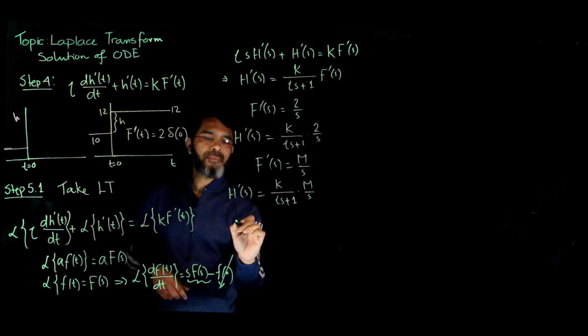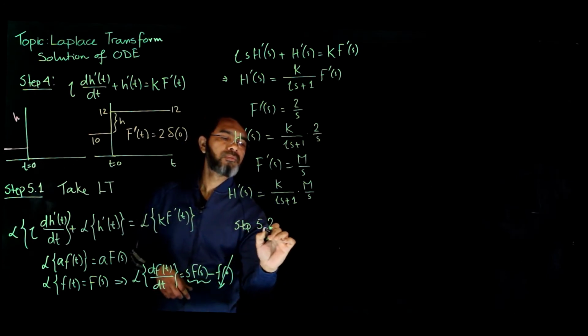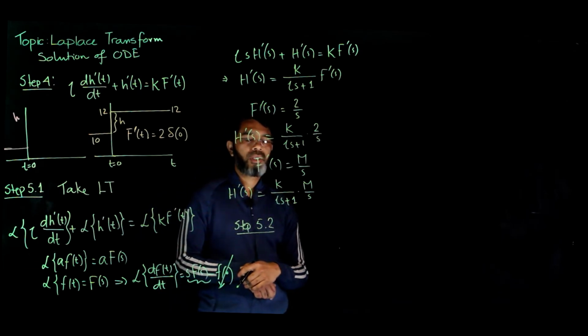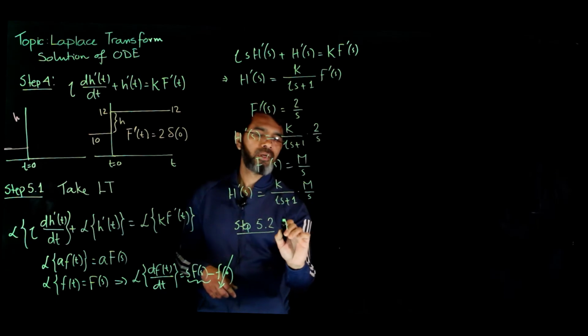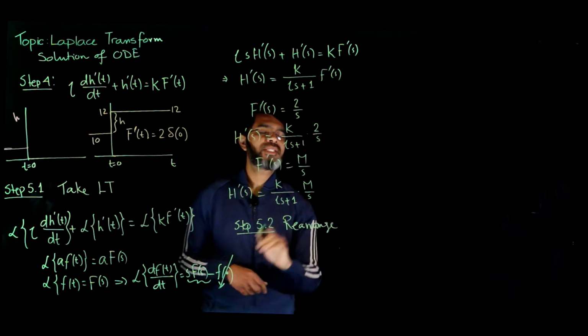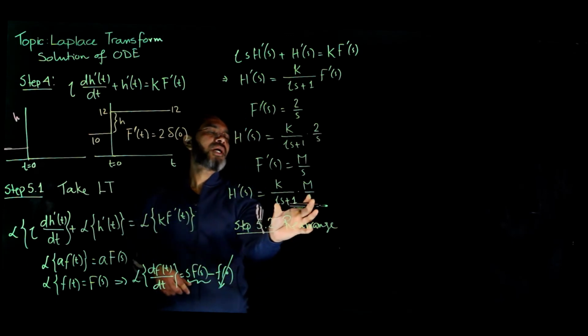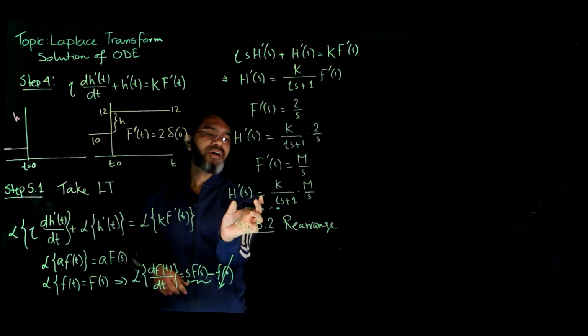Then step 5.2 will be some sort of rearrangement of the equation. The next step is to invert this to get the function back in the time domain.